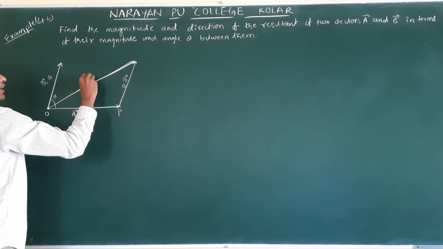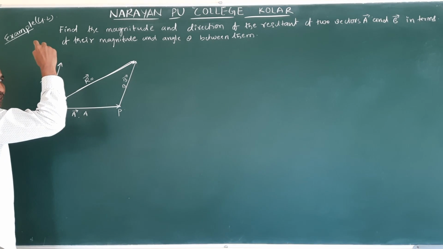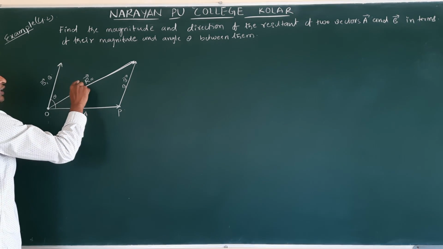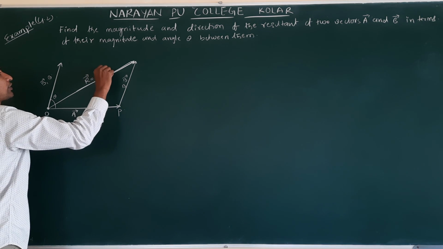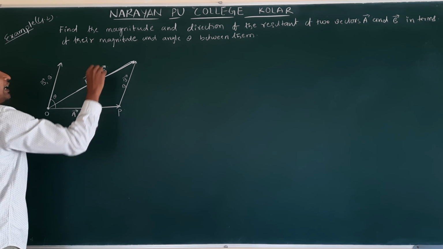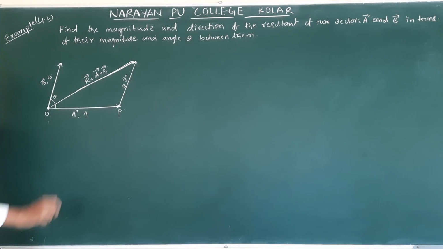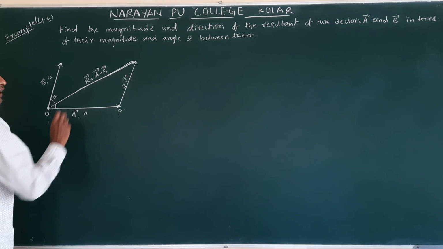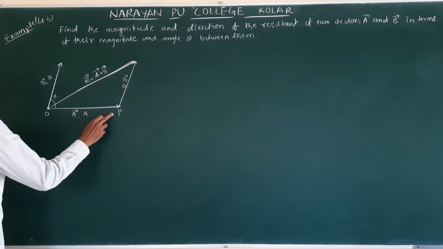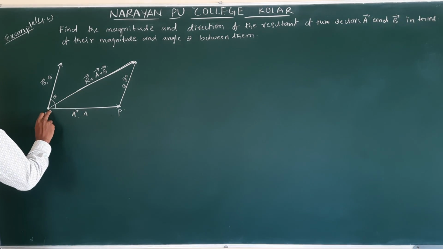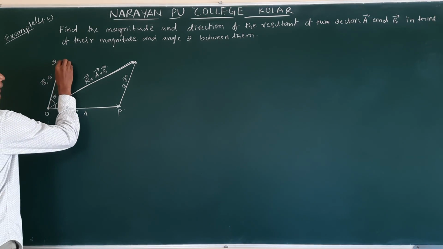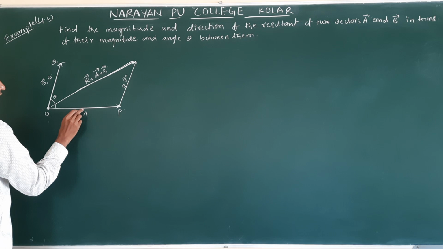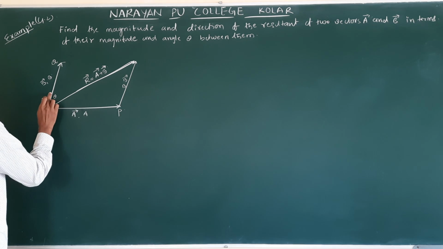This I am taking as R. In the graphical method we have seen, I took C. Now I am taking R, no difference. How do we write this? A plus B. They are asking for this vector's magnitude. Now OP is one vector A and OQ represents the vector B. In the first case what did I do?